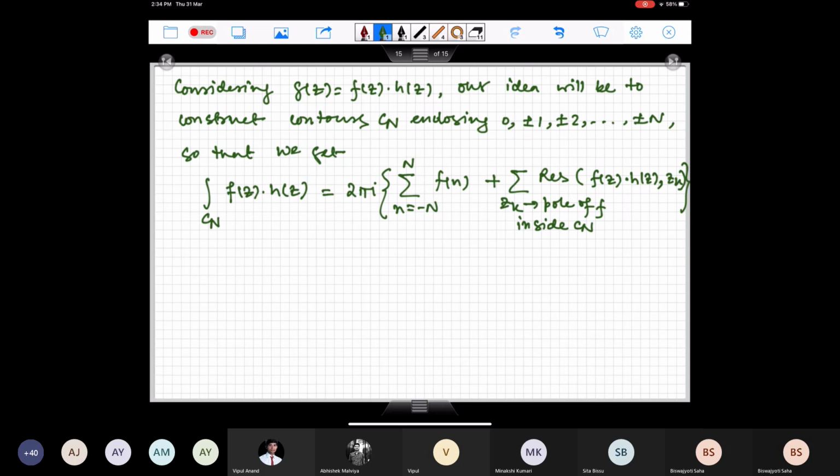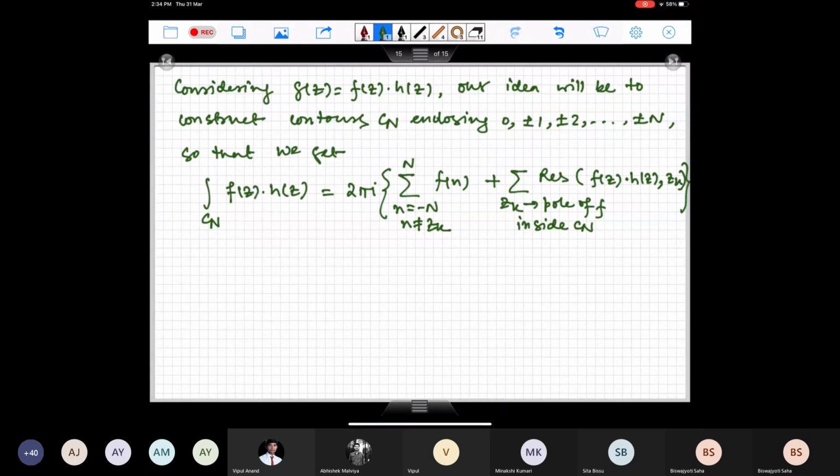Of course, if the z_k's are poles of f inside C_n, then n will not be equal to z_k; you have to ignore that one. Anyway, this is the formula which we can expect, and we can apply that.